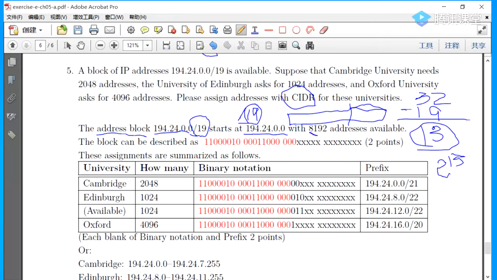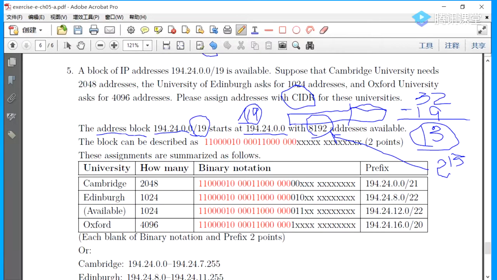It is 8,192. Do you understand? So the total number of IP addresses is 8,192.